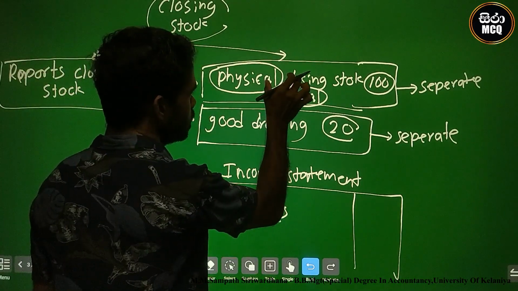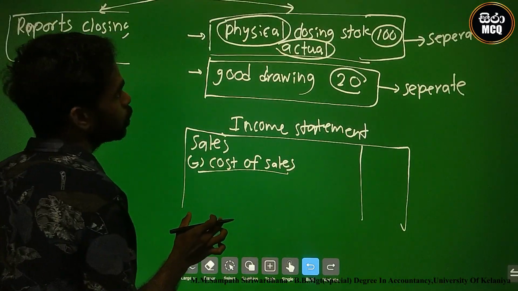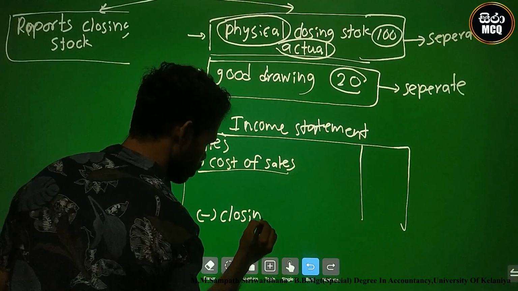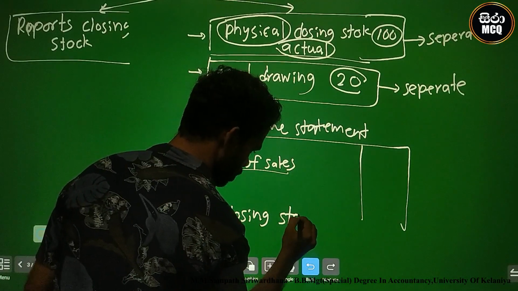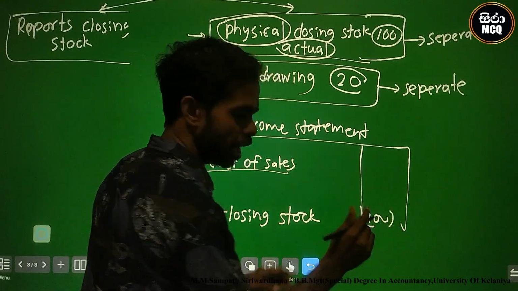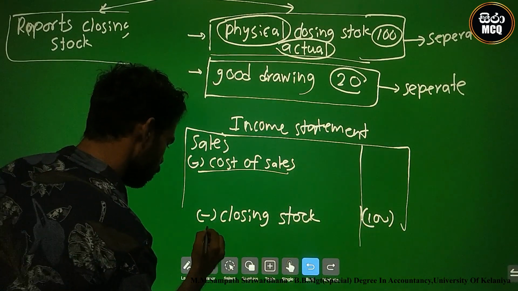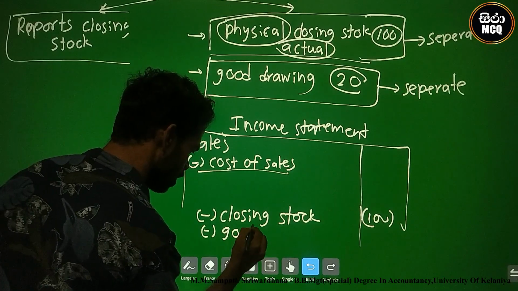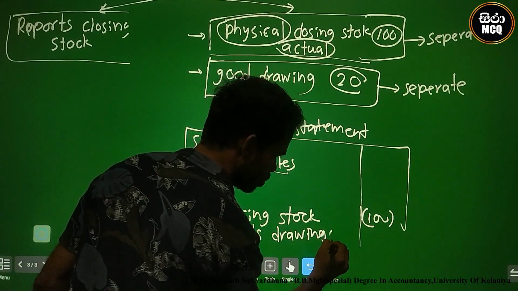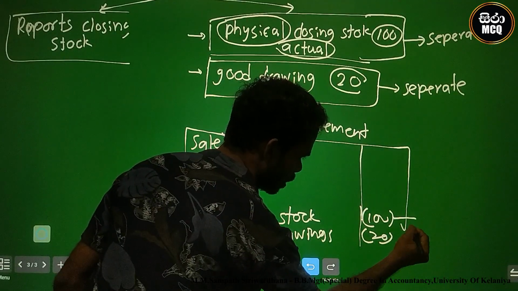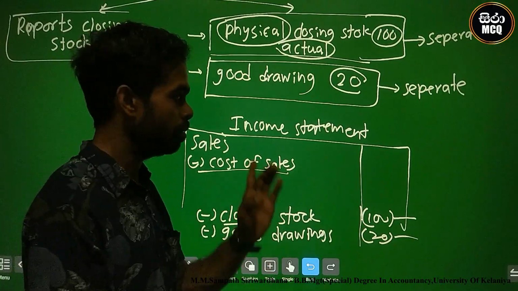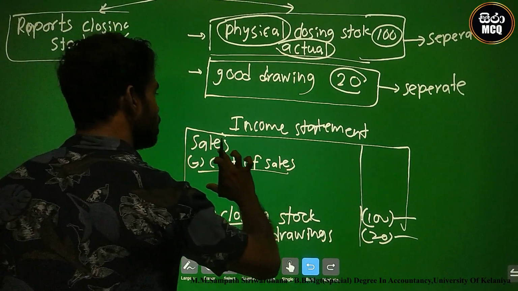At this time, the physical closing stock was which one? 100. There is an actual one. There are goods drawings of 20. They are separate, why? This closing stock is the physical one.